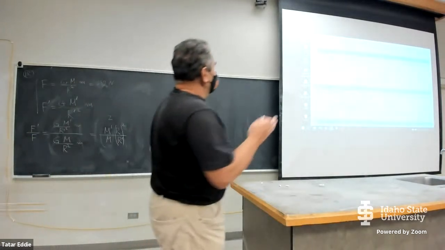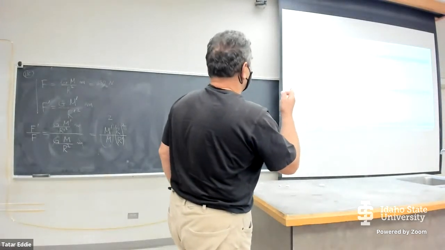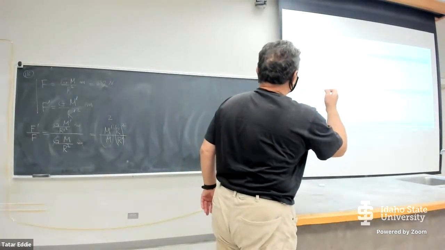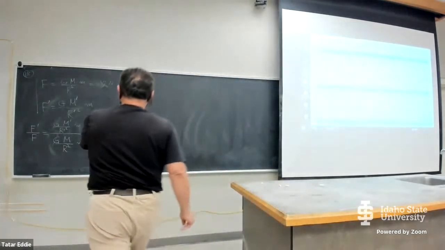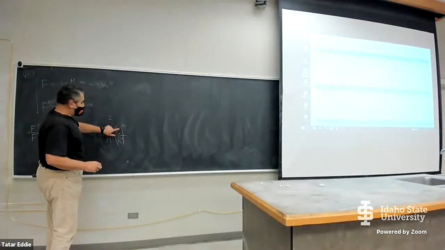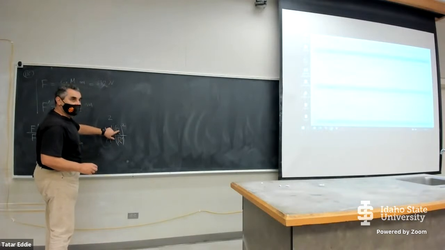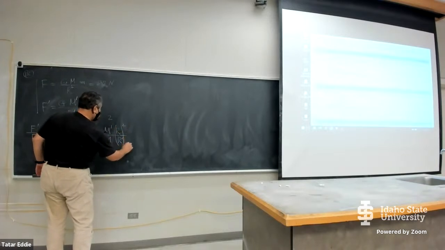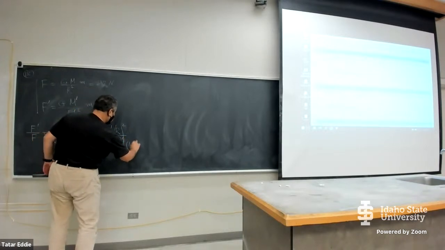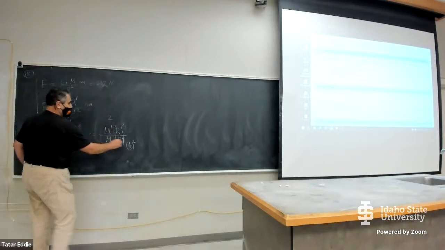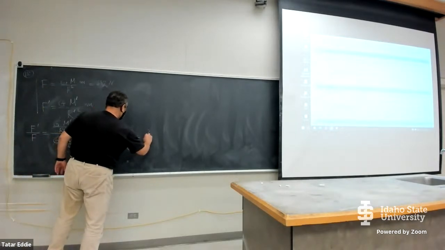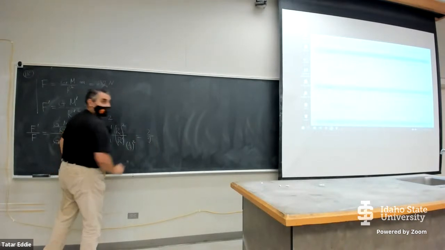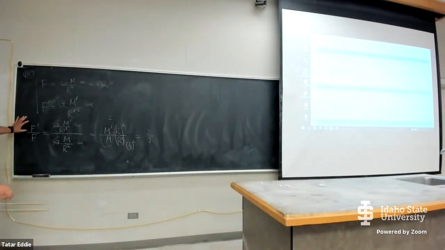And they say that the radius is 3 times larger. So this is 3 times larger than this. So this is going to be 1/3 squared, right? And therefore I have 2 divided by 3 squared, 2/9. So F prime divided by F is 2/9.